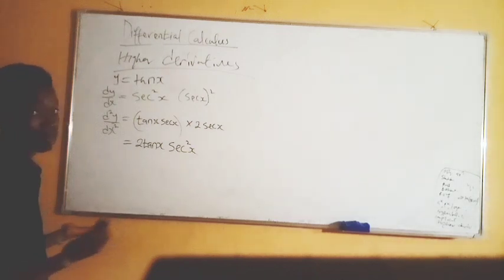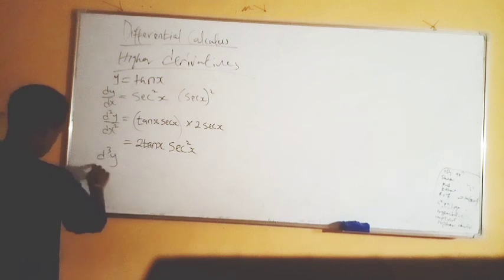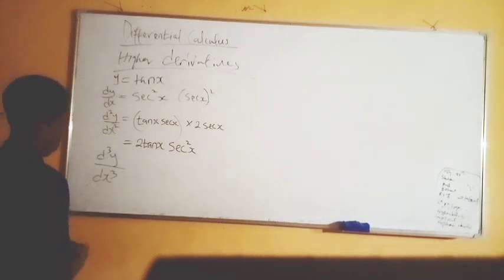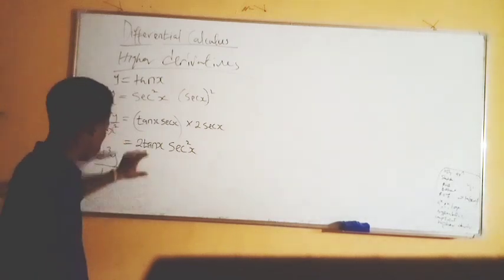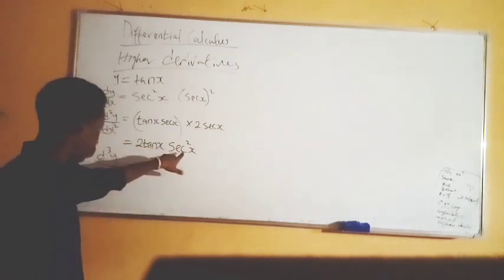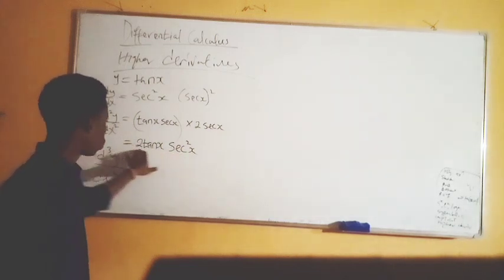Do we go further? Okay. The third derivative, d cubed y over dx cubed, is more complex. We are dealing with a function of a function here, and we're also dealing with the product rule.